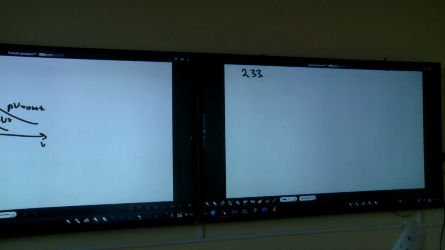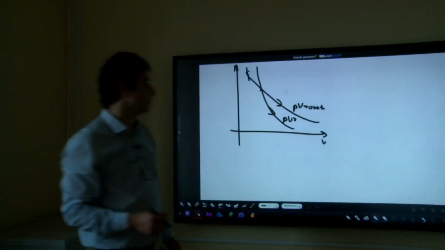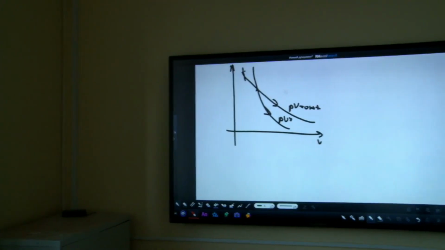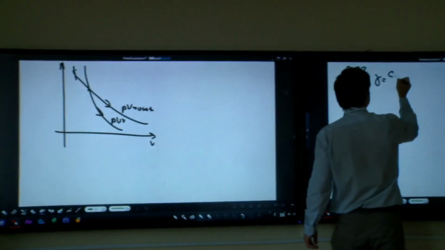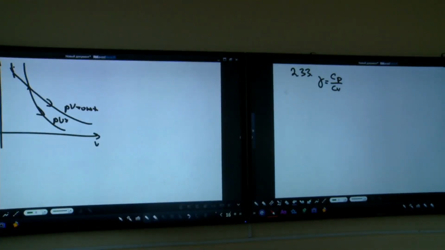Okay, problem 2.33 in the Irodov book requires us to calculate the adiabatic exponent for the gas, Cp over Cv, but we don't need to consider any processes at all.